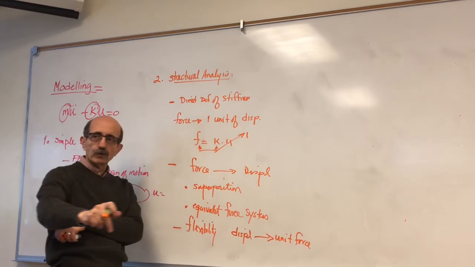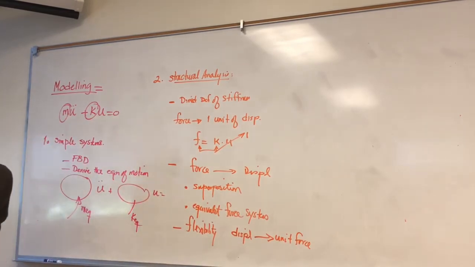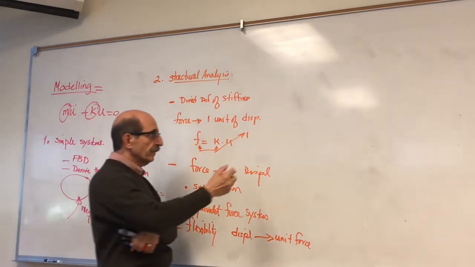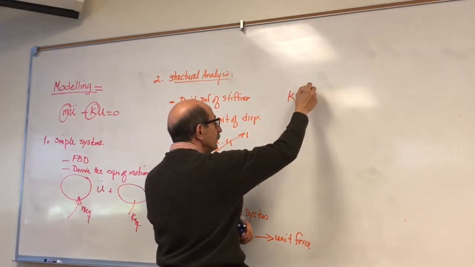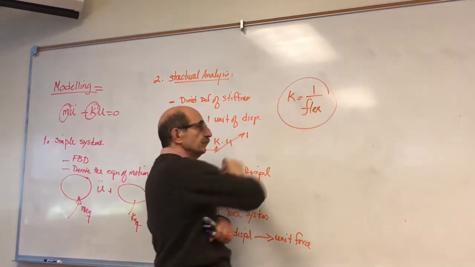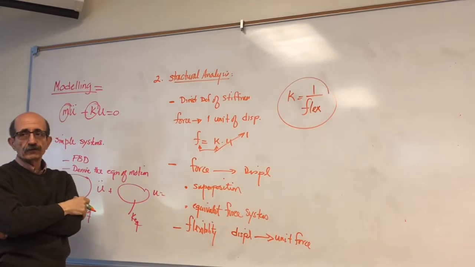You apply unit force to the system, whatever displacement results, that is the flexibility of the system. If you invert that, K is the inverse of the flexibility. So you can find the stiffness of the system.